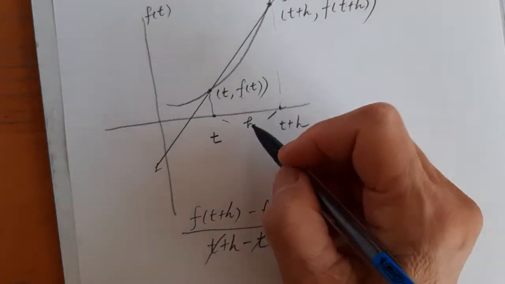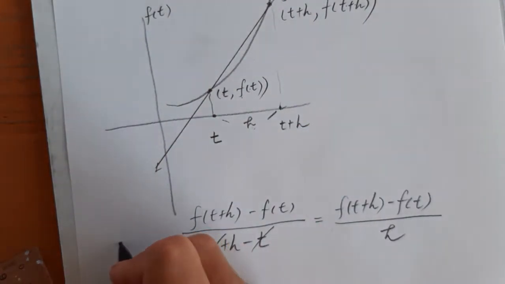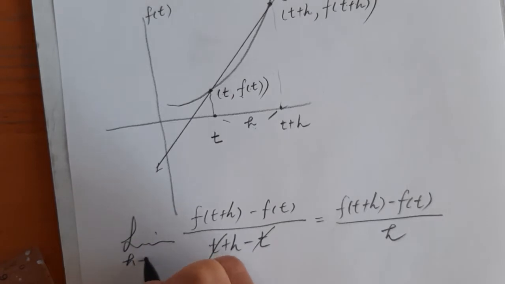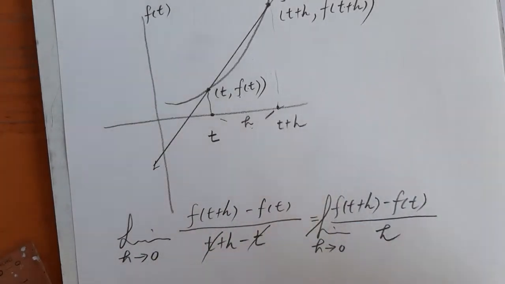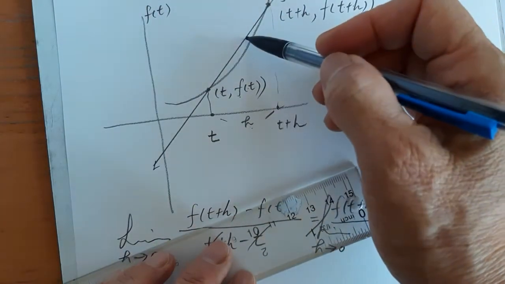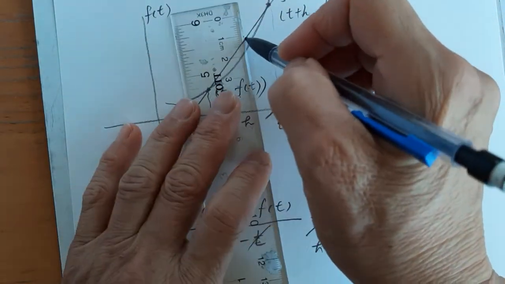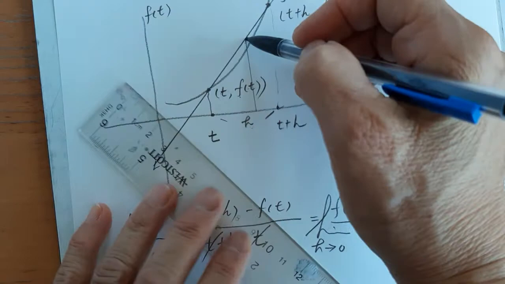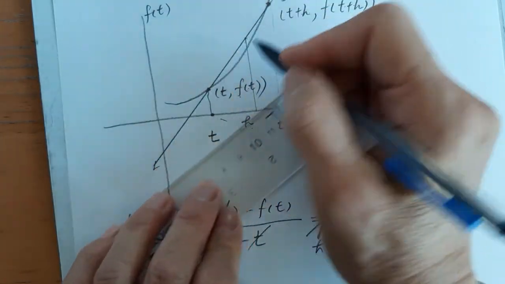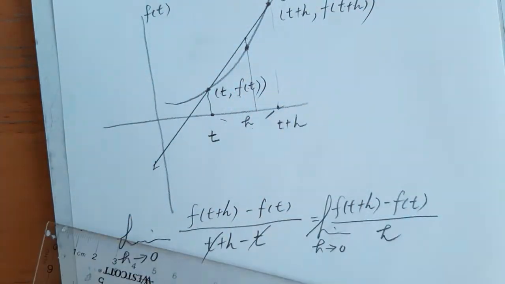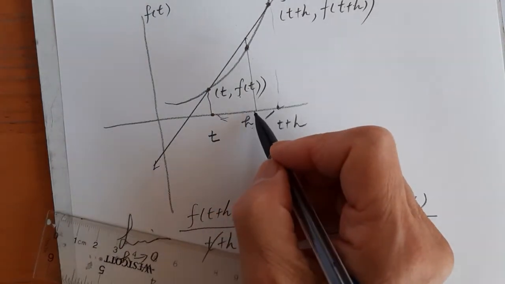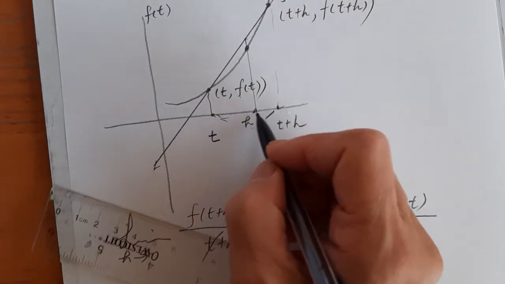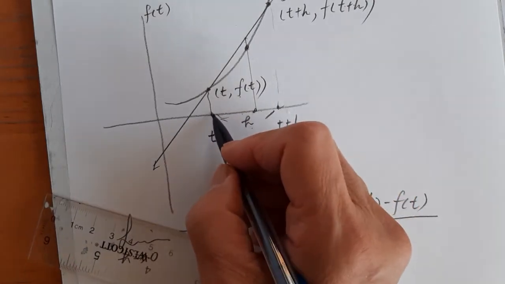Then if you take the limit as h approaches 0, this point and that point, the distance between the 2 points becomes smaller and smaller, closer to t.